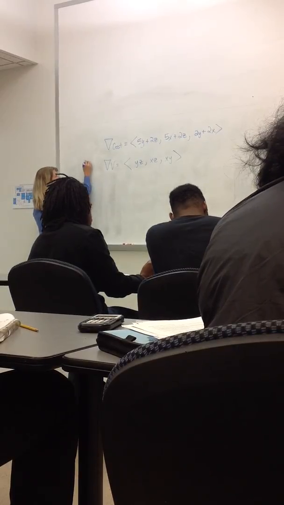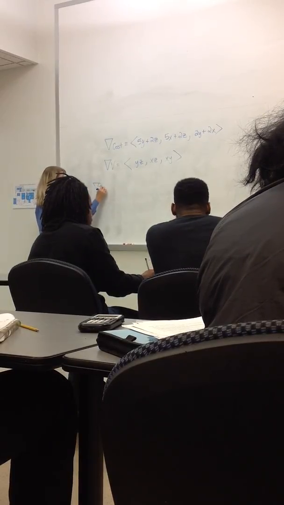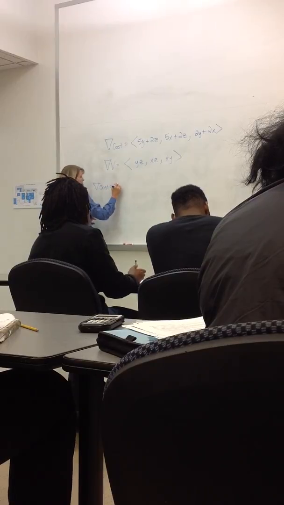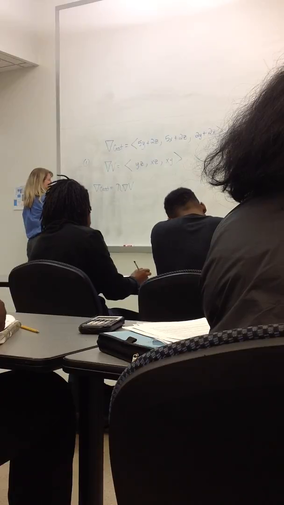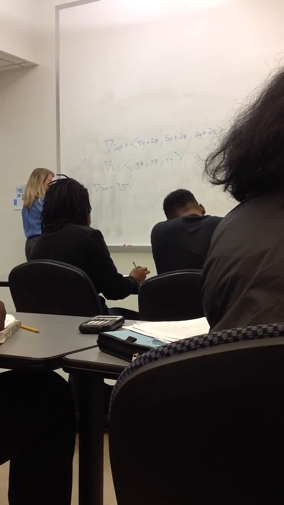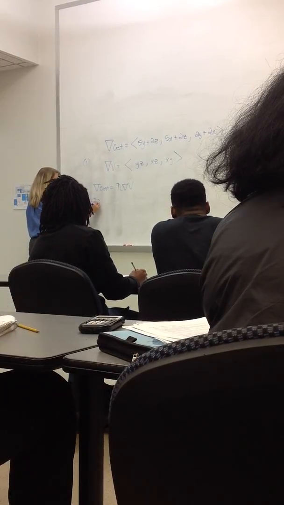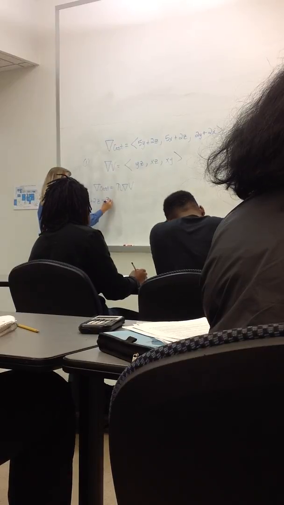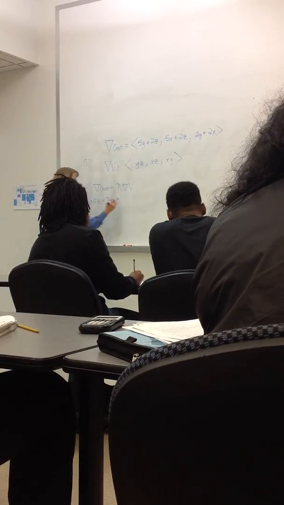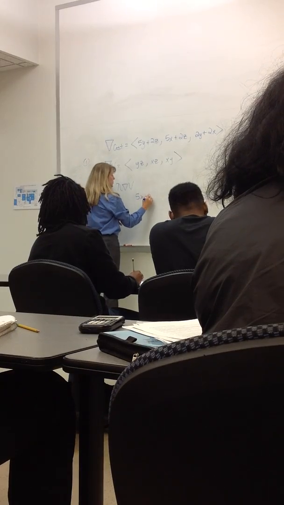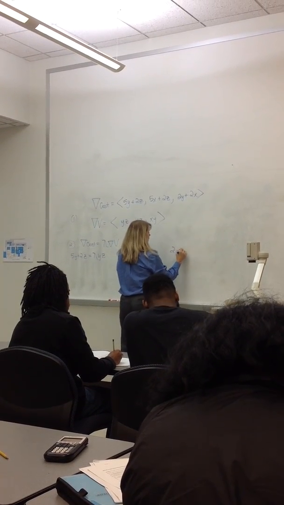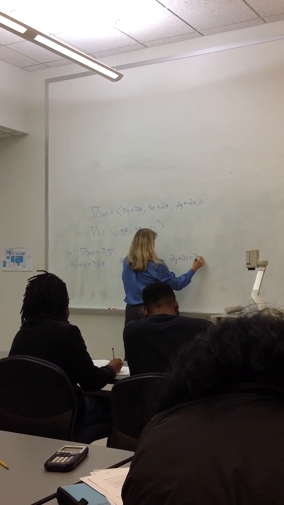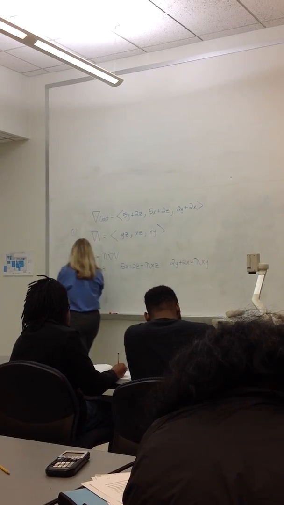So then the gradient of cost needs to be parallel to the gradient of V. So 5y plus 2z has to equal some constant times yz. And 5x plus 2z has to equal some constant times xz. And 2y plus 2x has to equal some constant times xy.